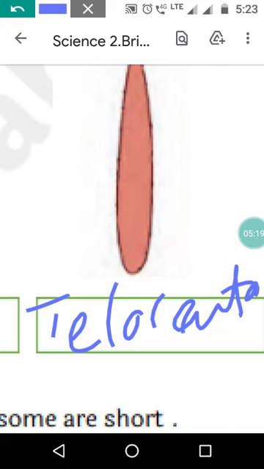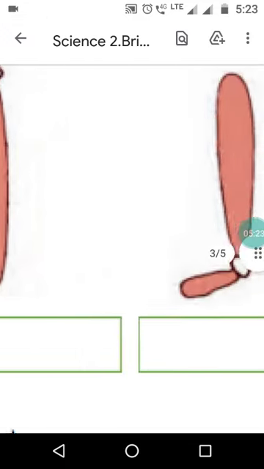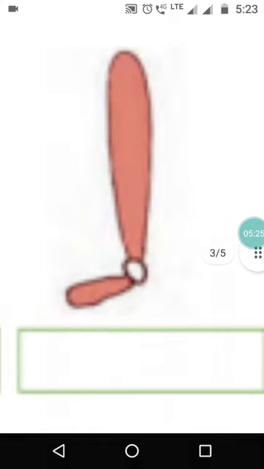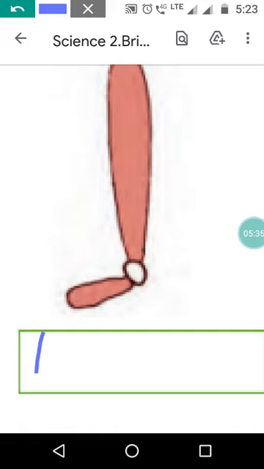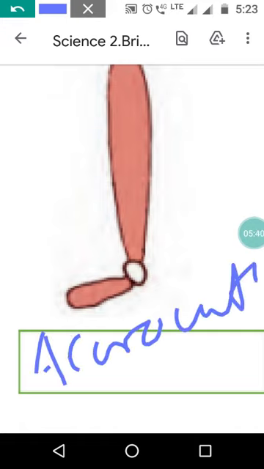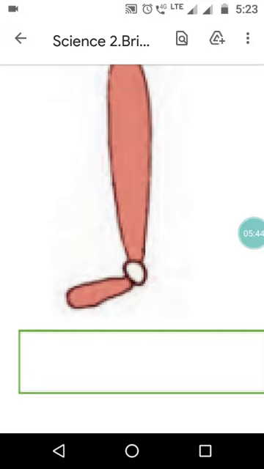You can write telocentric chromosome. In the next diagram, the centromere is not exactly at one end but near the end. Such a chromosome is called an acrocentric chromosome. So in this way you can label this diagram.